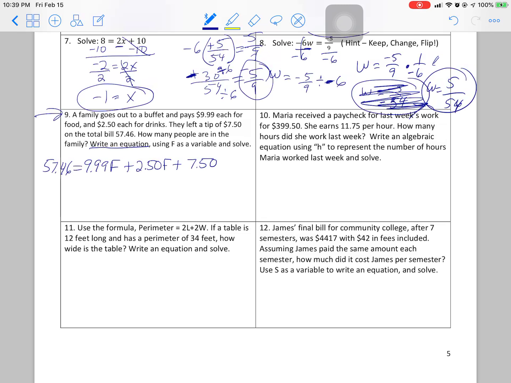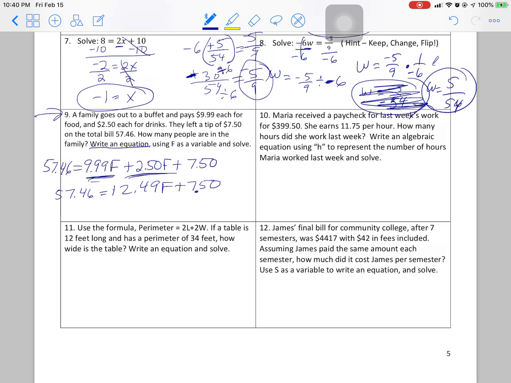Well, I got 4 different terms. This is all by itself, so that's going to stay there. But then all of this over here needs to be what? I can combine like terms. There's 2 F terms right there. Let's do that. So this is going to be 57.46 equals 9.99 plus 2.5 in the calculator, which is 12.49 F plus 7.50.